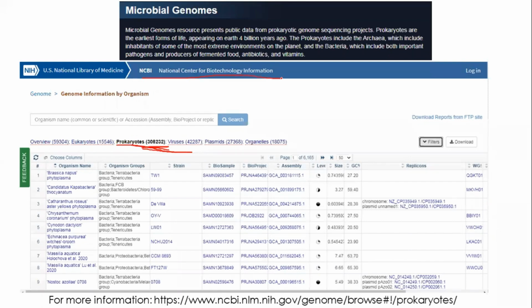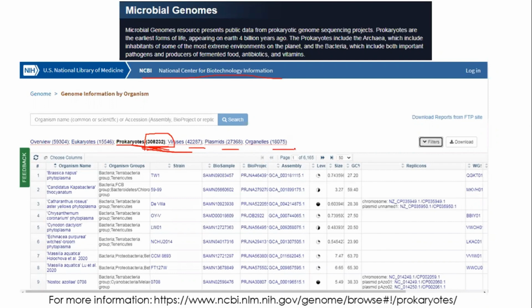I hope you are aware that the NCBI database is a public repository not only for genomes but for all sorts of molecular data you generate, in the form of genes, genome, transcriptome, any study you do. You have to keep it in a public repository, and you can see that close to 3 lakh 10,000 genomes for prokaryotes are already there. You can also differentiate them from viruses, plasmids and organelles, and for bacteria.